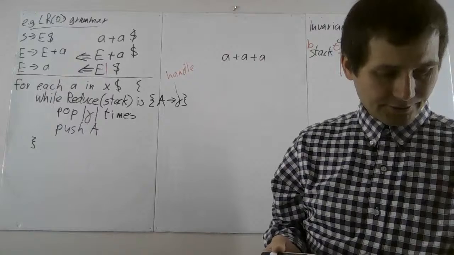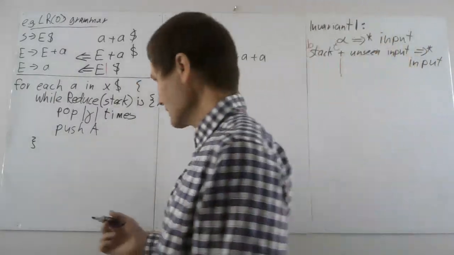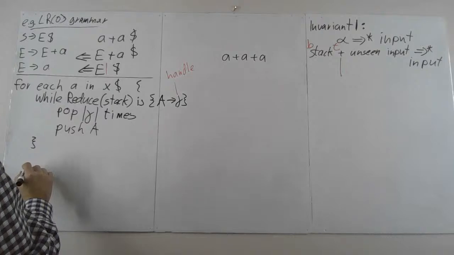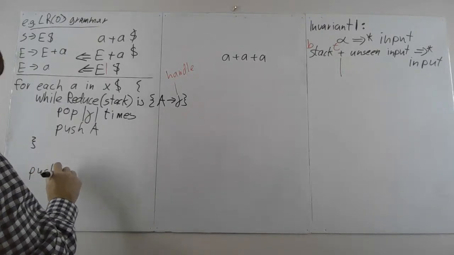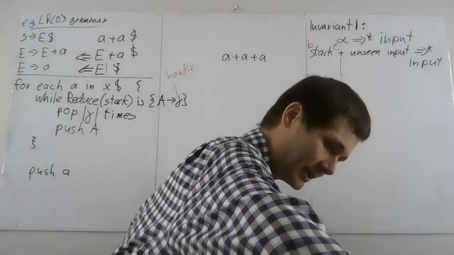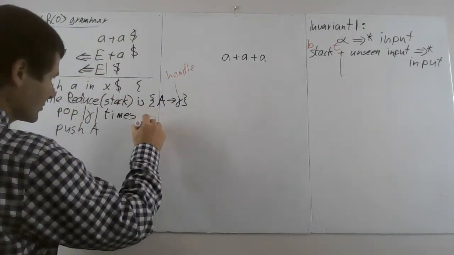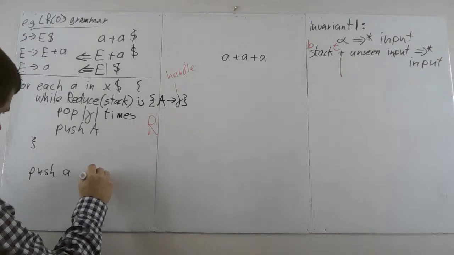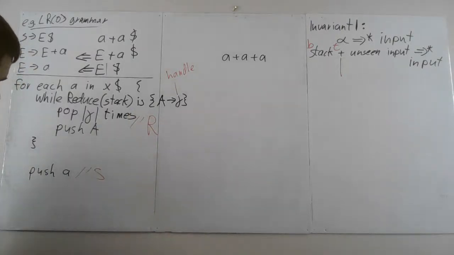Okay, so once we're done reducing, I'm going to push A onto the stack. All right, so over here, this is my reduction step, and this is my shift step, right? I'll put it as a comment.